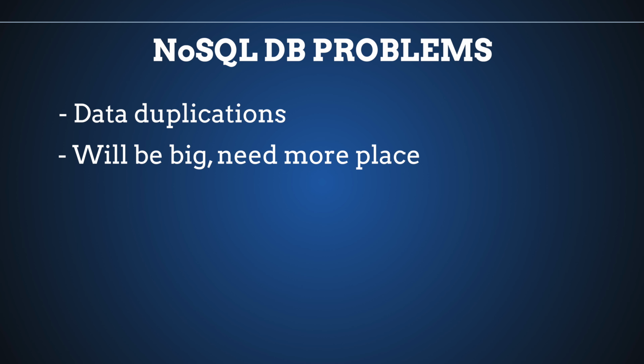It is not that bad nowadays because storage is so cheap, but you must still keep it in mind. And the last problem that you will for sure have in production with NoSQL is data consistency. You will have some bugs, like for example user updated a name somewhere, but it was not updated everywhere. And this is exactly the problem of data duplication.